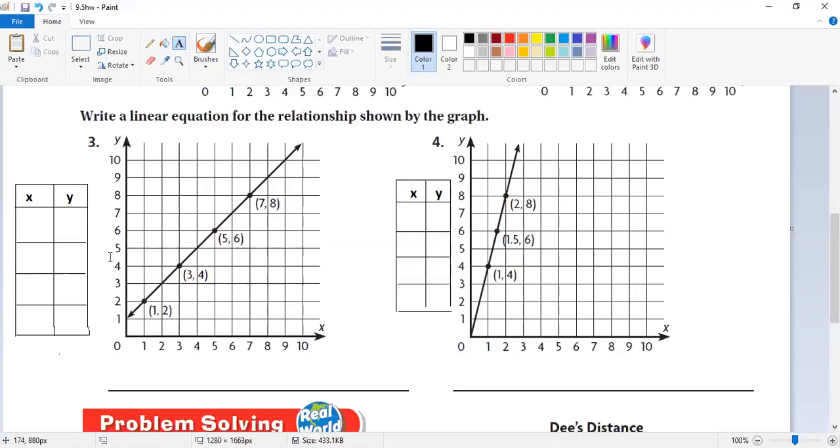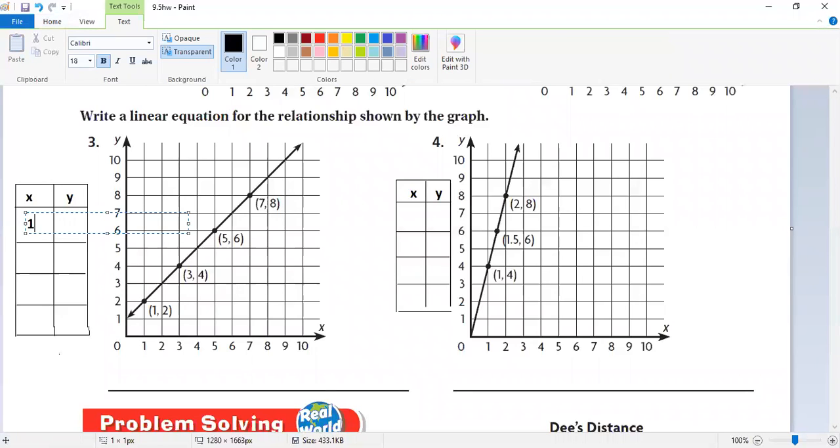As we were learning yesterday, when they ask us to write a linear equation, of course, we have to draw the table. And first, let's find out what's the pattern of the table. So here you have to draw the table. Always remember the first number is the x coordinate, the second is y. So when x is 1, y is 2.